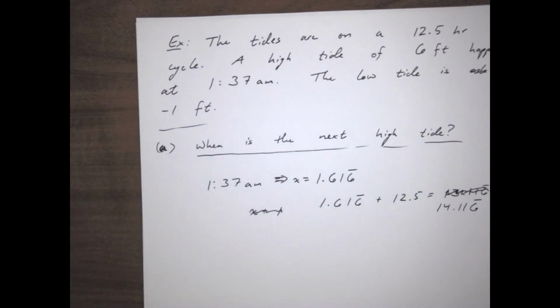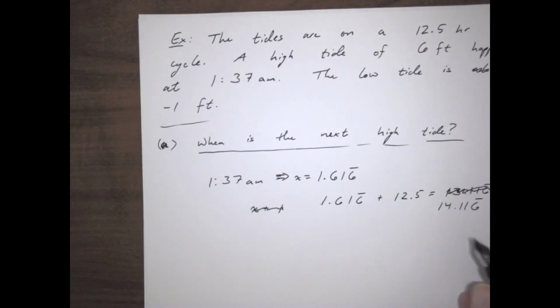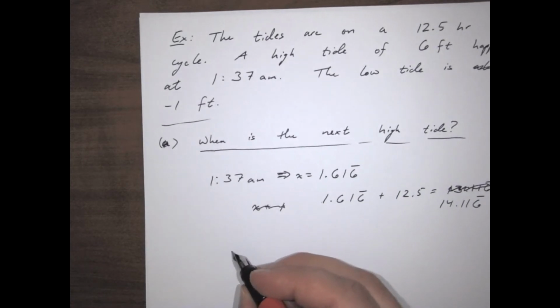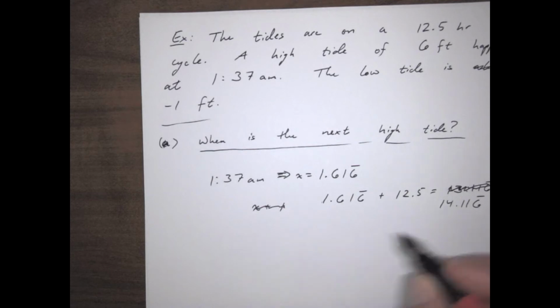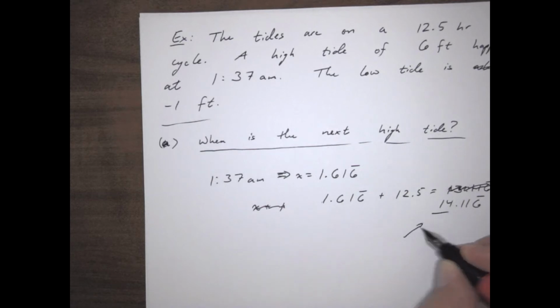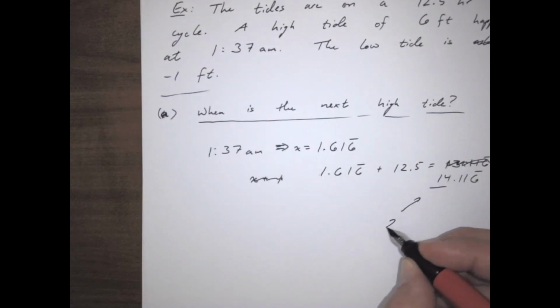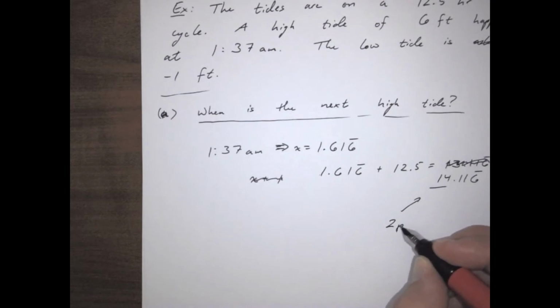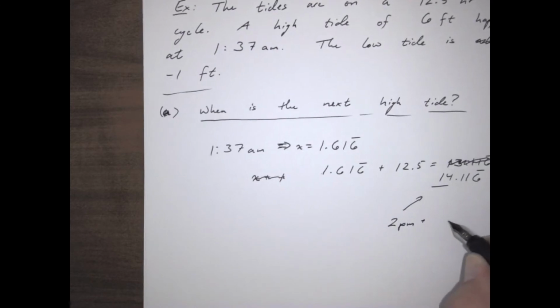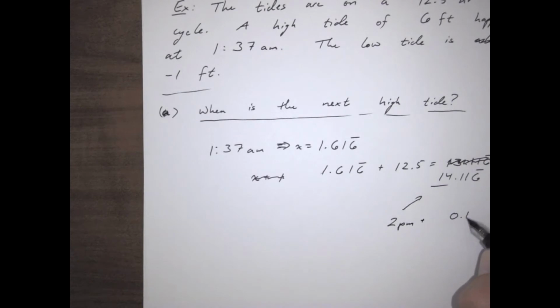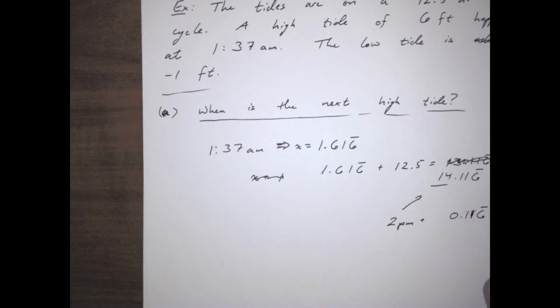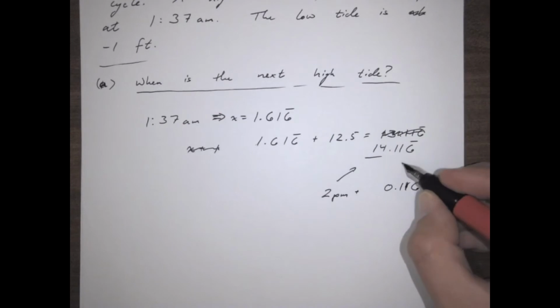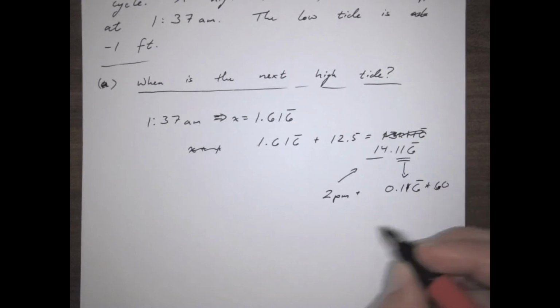Okay. Now, what would that actually be as far as what time? So this means the 14 on a 12-hour clock would be 2 p.m. plus 0.116666 times 60. It's the same way again you would do it if these were like degrees.